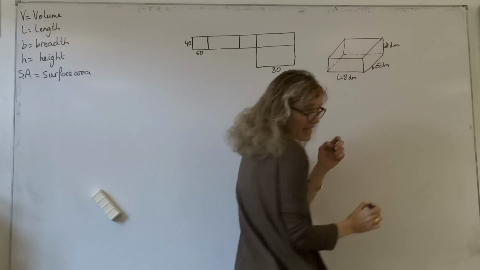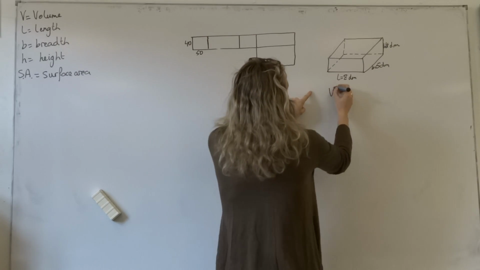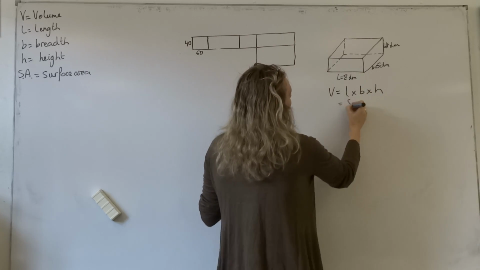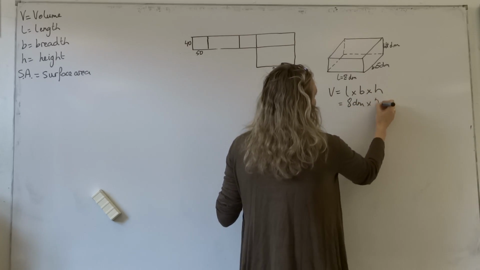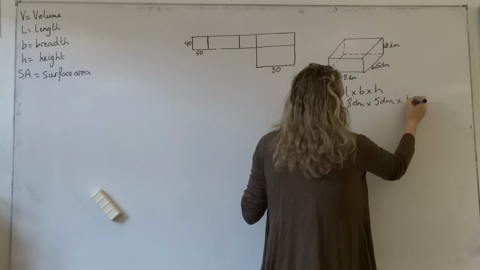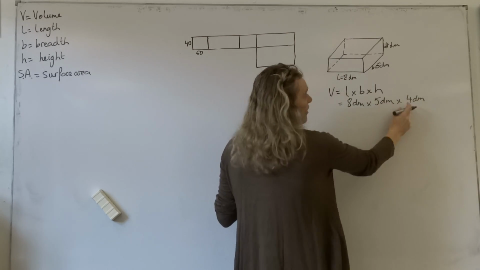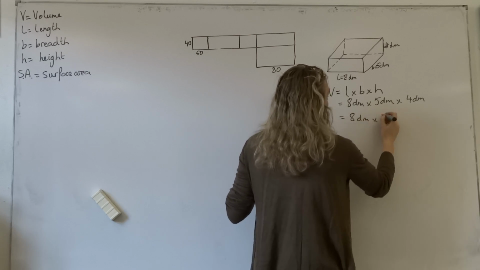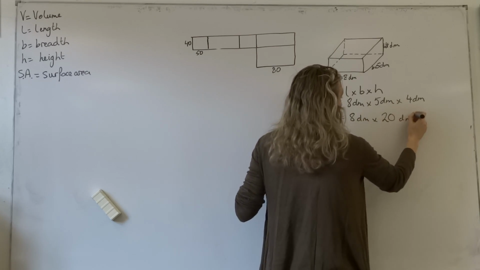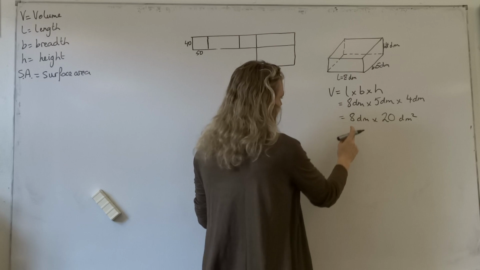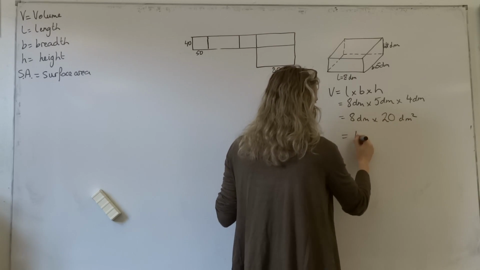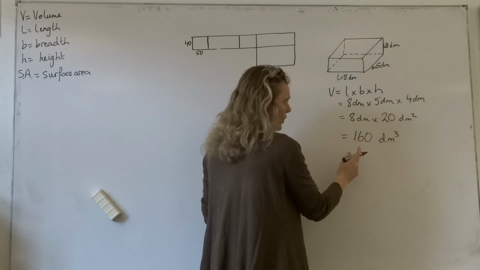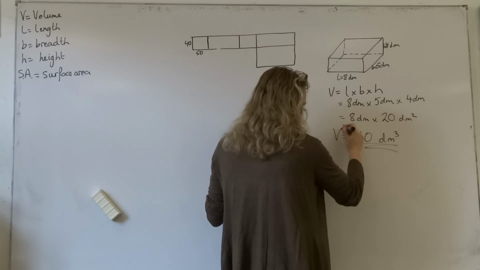Volume's fairly easy again, because the volume is just the length times the breadth times the height, which is 8 decimeters times 5 decimeters times 4 decimeters. 5 fours are 20, so we get 8 decimeters times 20 decimeters squared. 8 twos are 16, so we get 160 decimeters cubed as our volume.